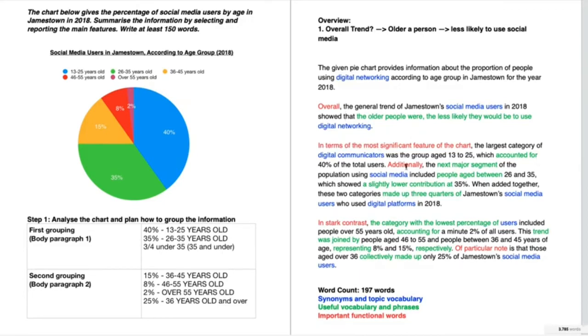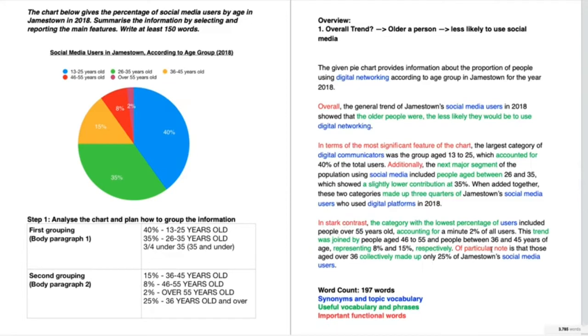Additionally is a great way to add another example. And then when you really want to contrast something or show a completely different example, in stark contrast is an excellent way to do that. And stark just really adds it to an advanced level. You could also say in contrast, but in stark contrast makes that division even clearer and a bit stronger.